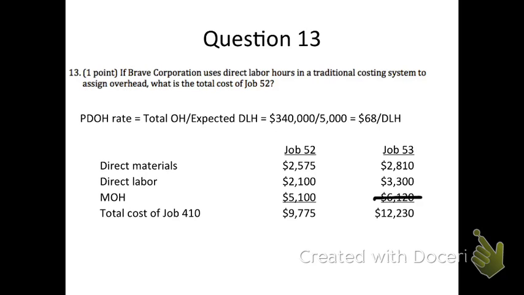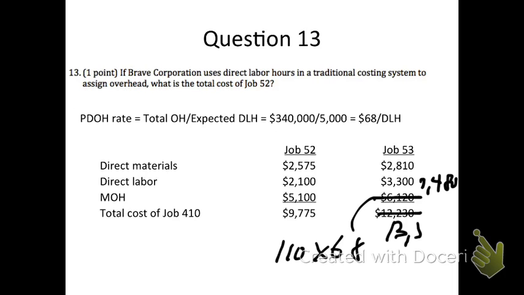If you look at the direct labor hours, this should be 110 times 68, so this is 7,480, and so the total is $13,590. You can check yourself, and you can actually do the problem for job 53 also.